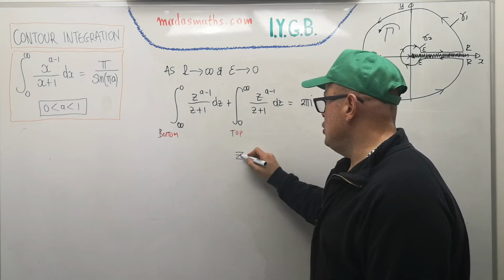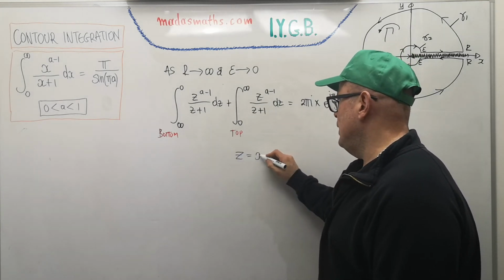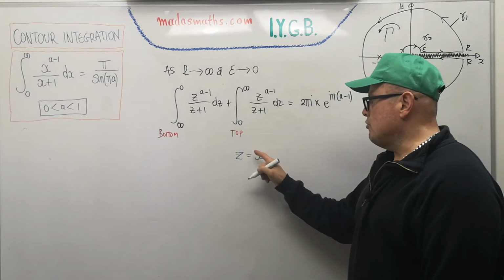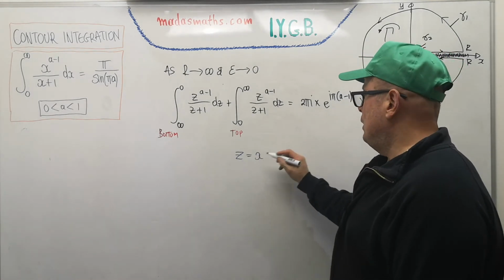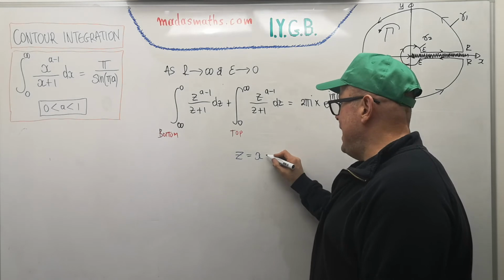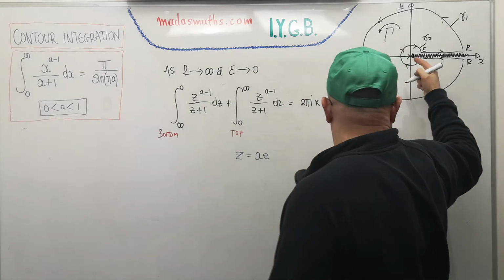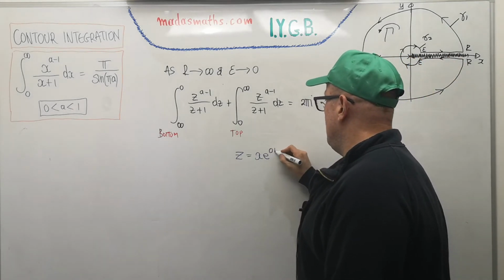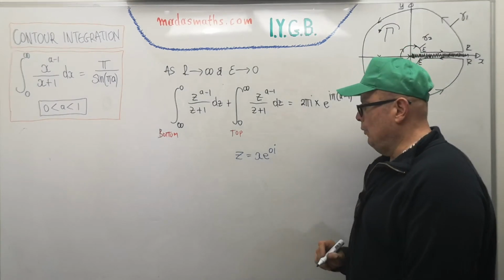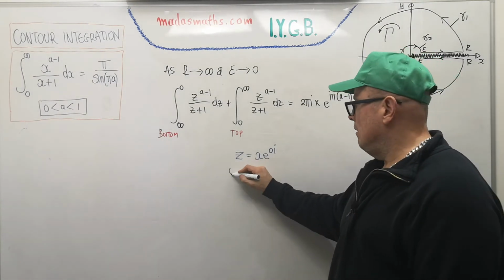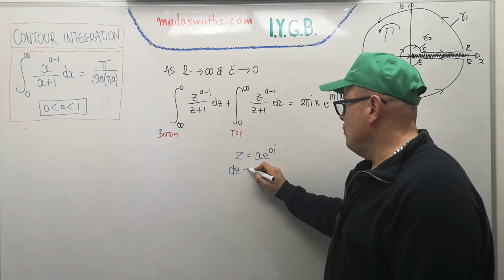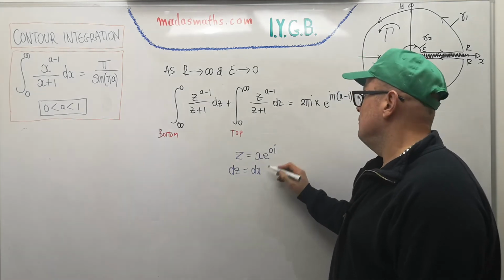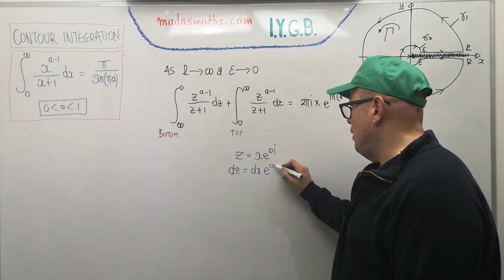The correct version should be that z is not just equal to x. That's the actual modulus, if you want, because z is a complex number. That's the modulus x, e to the 0 i, if you're on the top. So my dz, quite clearly, would have been dx, and that's a constant, e to the 0 i.